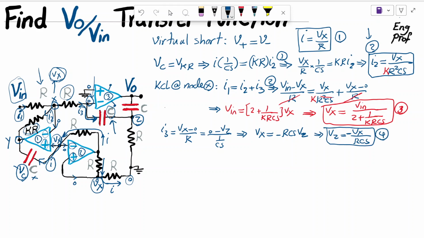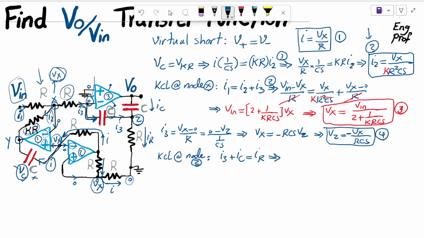Last step, I can write a KCL at node Z. So KCL at node Z, which means the current I3 that is going this way, plus the current IC, is equal to the current IR. So I3 plus IC should be equal to IR.